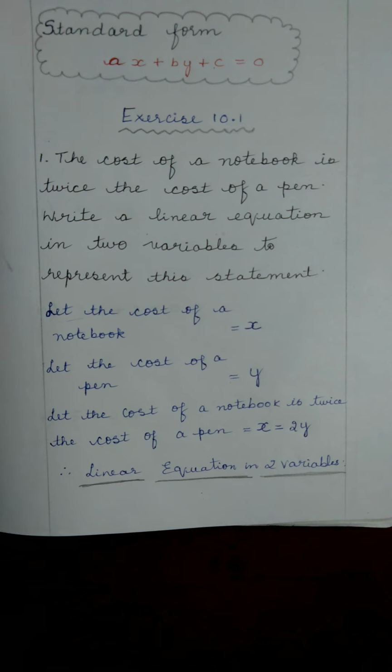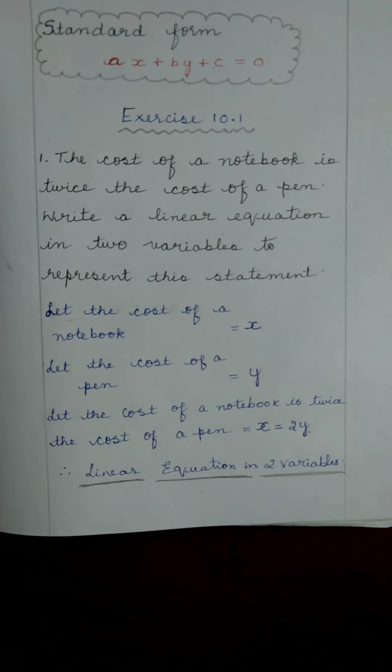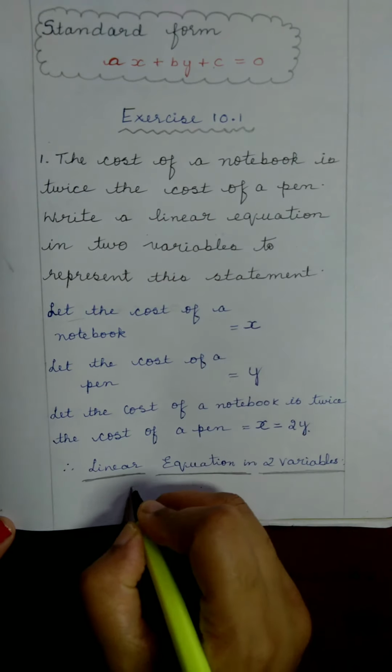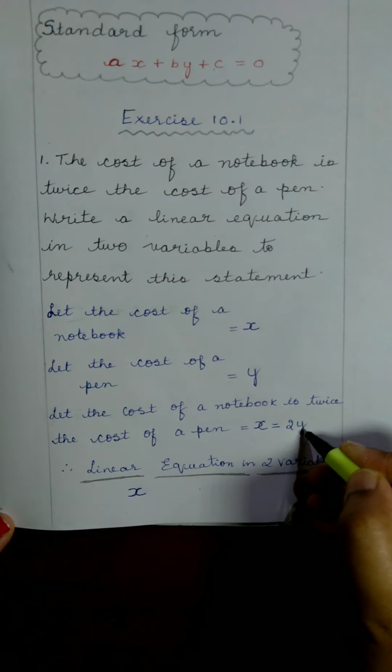Now is the next step. Linear equation in two variables. Now, we have to express it in the standard form, that is ax + by + c = 0. Now we got the equation as x = 2y. While representing it as a linear equation in two variables, we shall write it as x. 2y is on the right hand side of the equation.